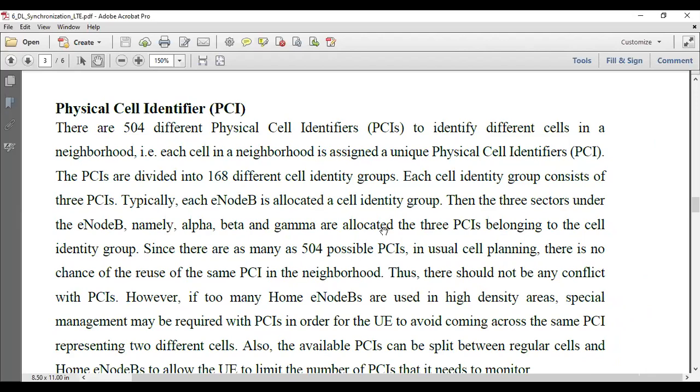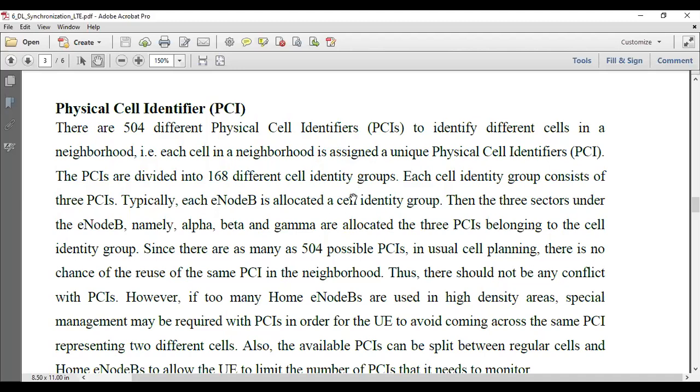Another point: in the case of LTE, they use 3 PCIs in one group, and the beauty here is that usually a base station has 3 cells. This is the most common number. So an eNodeB is allocated one cell identity group, one of the 168 possible groups.